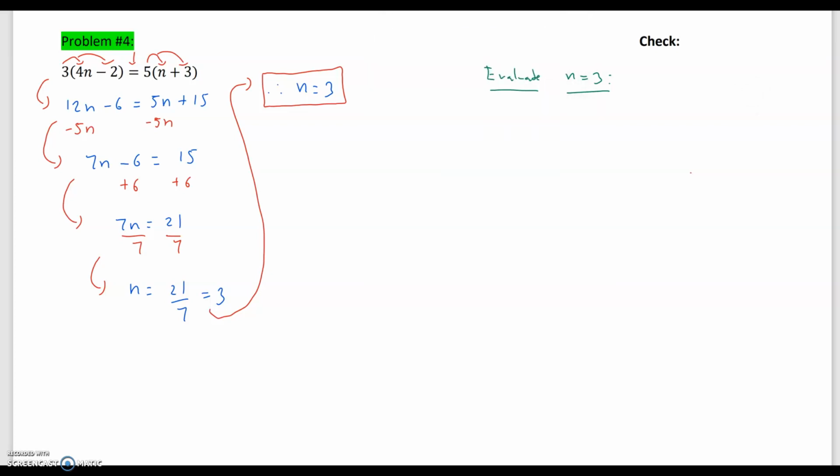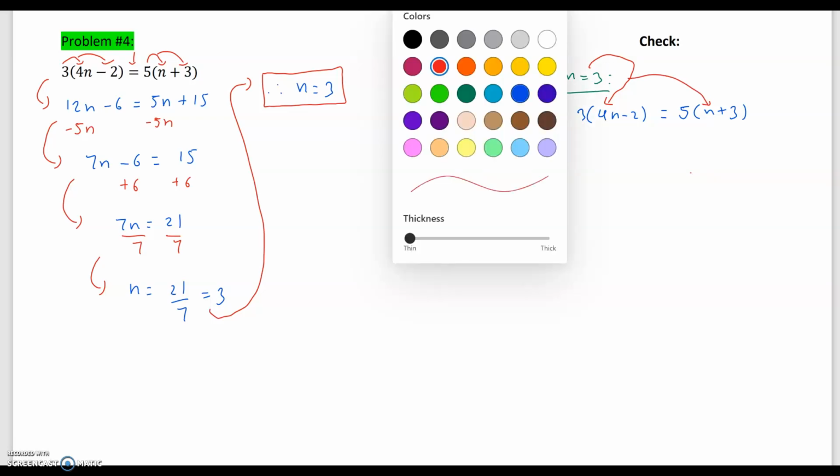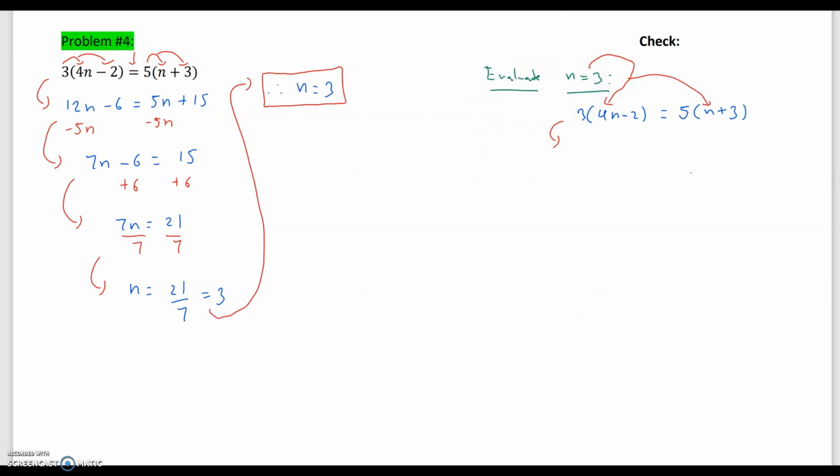Our original equation is 3 times 4n minus 2 is equal to 5 times n plus 3. And keep in mind that we plug it into the original equation, not into one of the steps below, because if we made a mistake by accident, then we may end up concluding incorrectly that it is a solution due to the mistake.